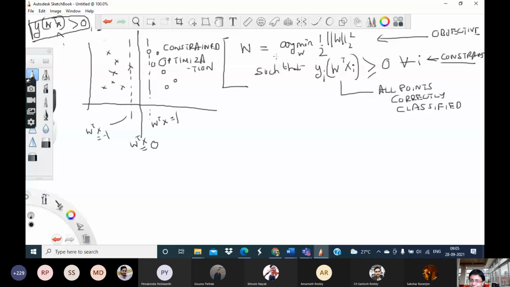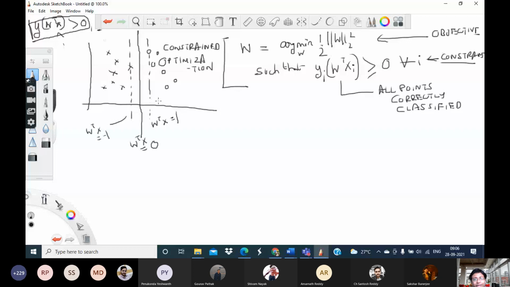In that equation, what I am bringing in are the conditions which I want to be satisfied. There are basically two conditions. One is that I want the margin to be maximized, which is ensured here, and I also want all the points to be correctly classified, which is encoded by this formula.